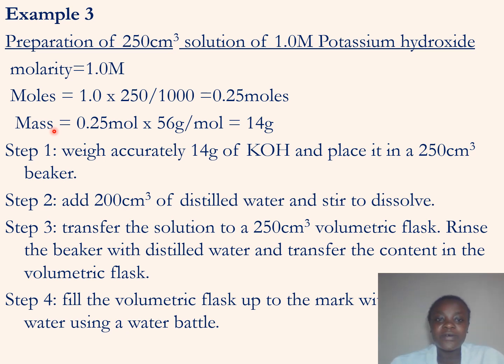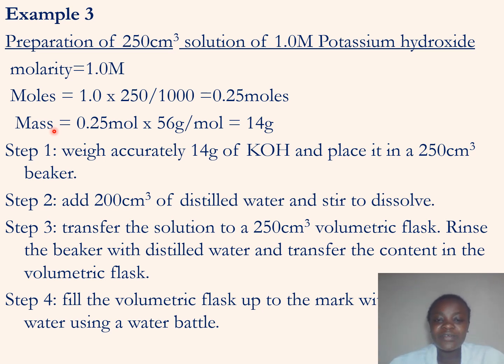So with moles, we can find the mass. So the mass of the solute we are going to use, we take moles times the molar mass. So moles is 0.25. The molar mass of potassium hydroxide is 56 grams per mole. This one gives us a mass of 14 grams. So this is the mass we are going to weigh in a balance.